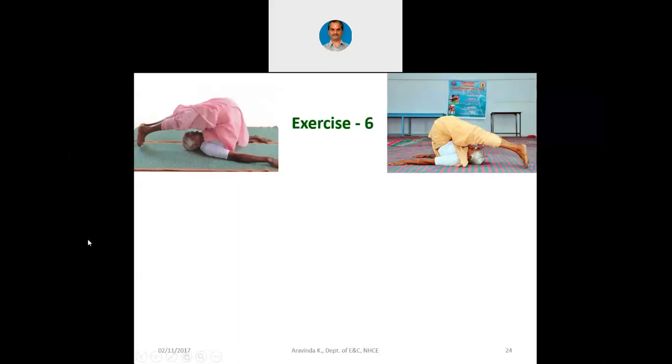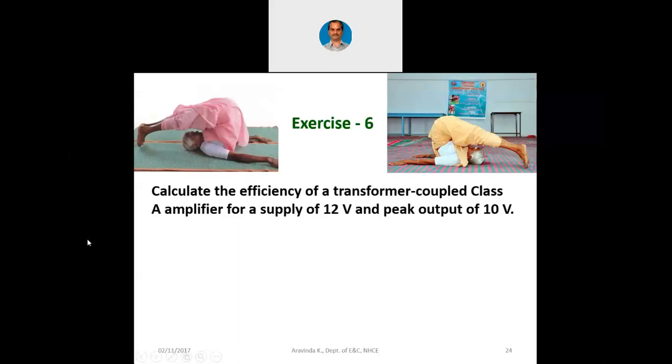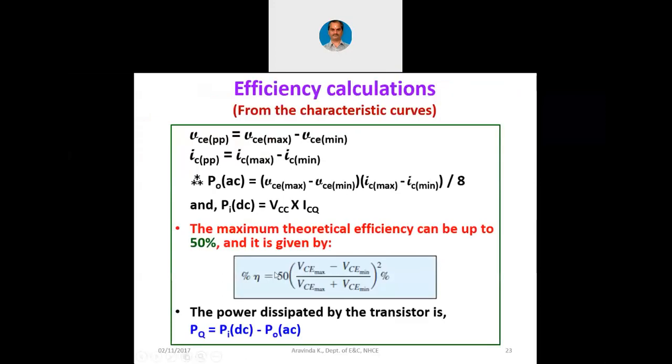Now, let us go to our exercise, sixth exercise in this module. Calculate the efficiency of a transformer coupled class A amplifier for a supply of 12 volts and a peak output of 10 volts. Let me show you the previous slide. Efficiency is 50 times (VCmax minus VCmin divided by VCmax plus VCmin) whole squared.